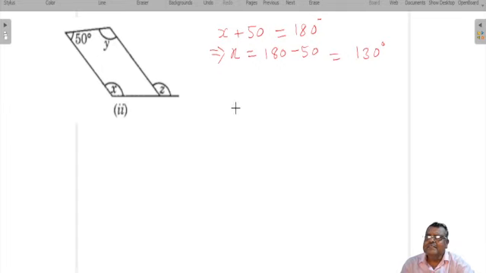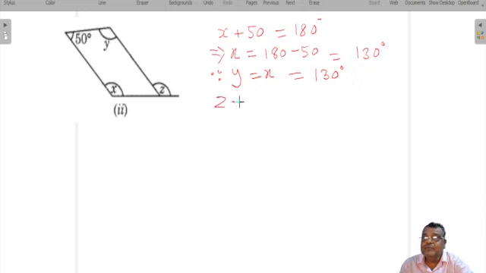So x is 130 degrees. Therefore y is equal to x, since opposite angles of a parallelogram are equal, and x is equal to 130 degrees. And you see, z equal to y.